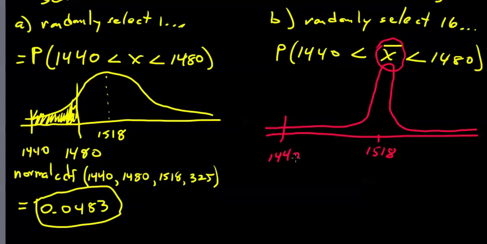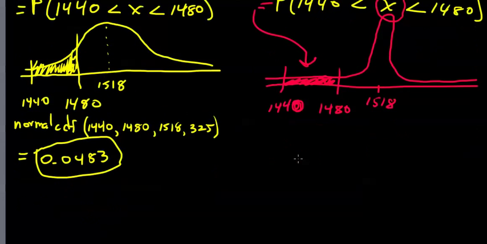We've got a narrower distribution to deal with here. So the probability that I seek is that area under the non-standard normal curve between 1440 and 1480.